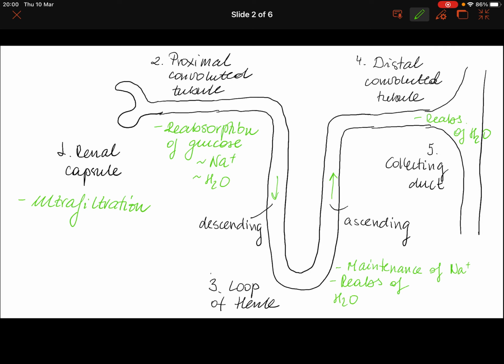In terms of the location of the nephron in the kidney, we can find the renal capsule, proximal convoluted tubule, and distal convoluted tubule in the cortex, whereas the loop of Henle and the parts of the collecting duct are located in the medulla.